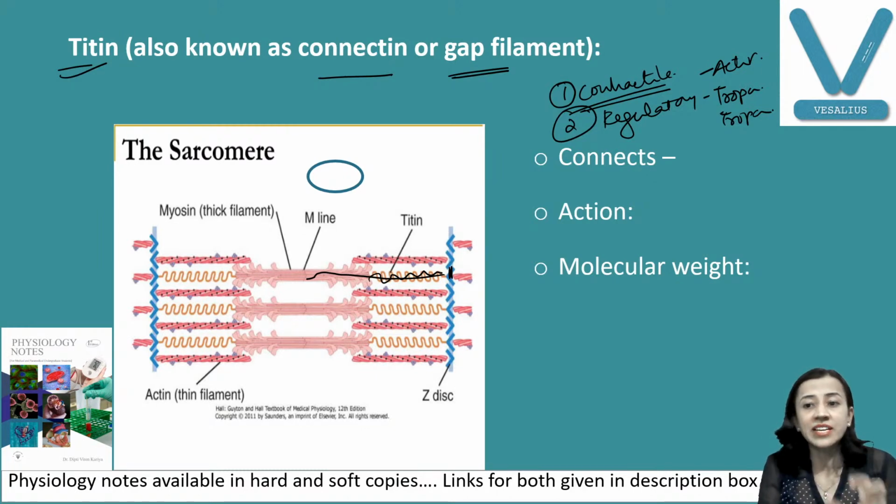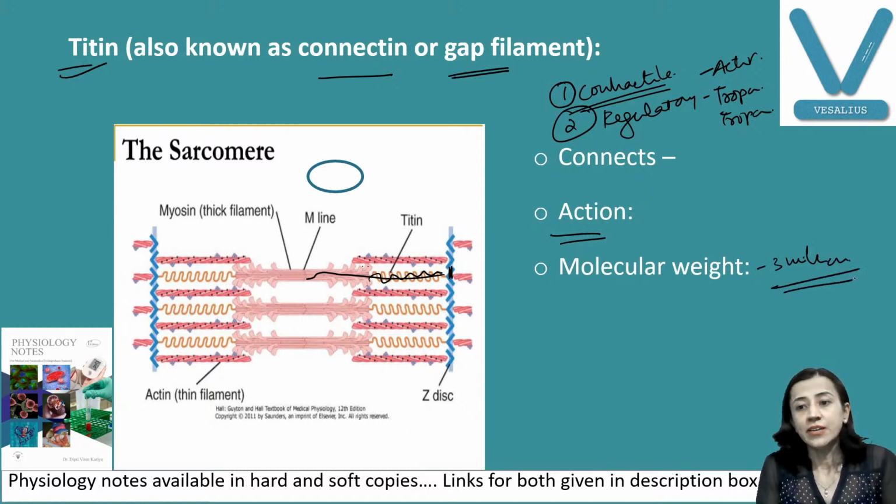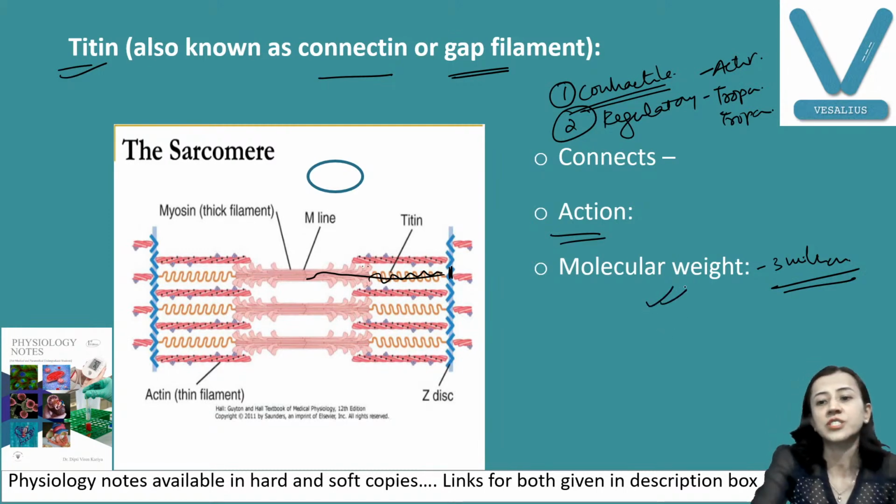If these titin molecules are not there, it is difficult to maintain the side by side relationship between the myosin and actin filaments and keep them in their place. This is achieved by the titin molecule. So if titin molecules are not there, you can see the actin and myosin molecules are not in their particular place. The molecular weight of the titin molecule is very large, 3 million, and therefore it is the largest protein molecule in our body.